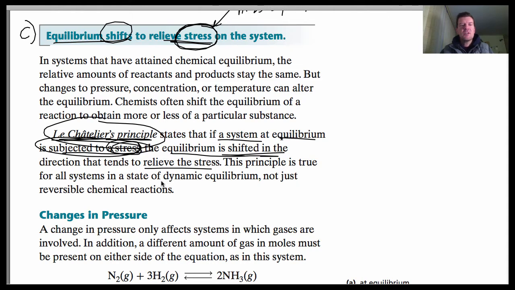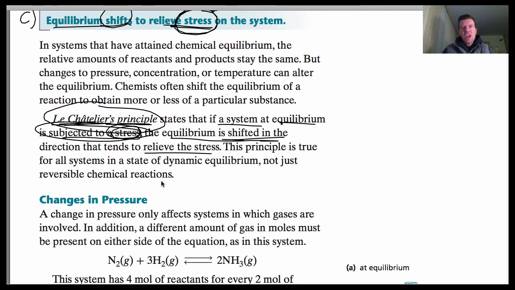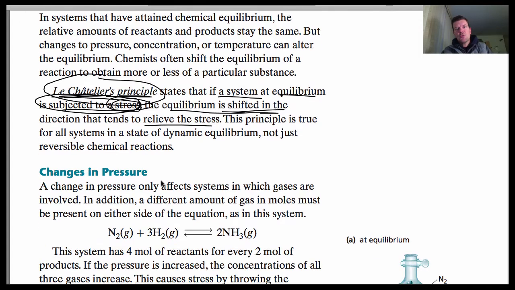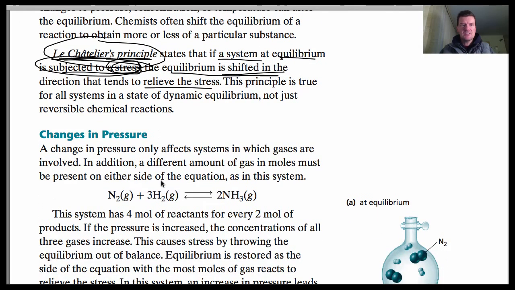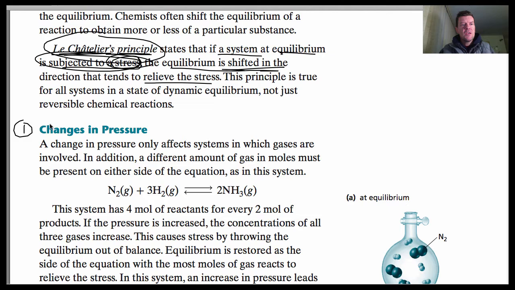Okay? So here are some things that can change the equilibrium, and I'll show you what happens if you do any of these things. Number one, the first one applies only to gases. Okay? Changes in pressure, that's the first one. If you change the pressure on a reaction, that is going to alter or affect the equilibrium position.